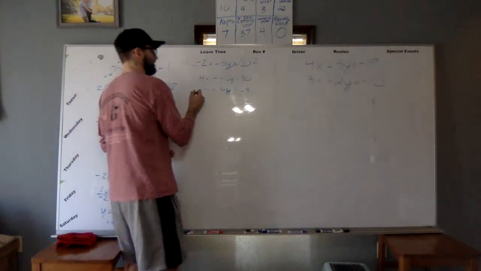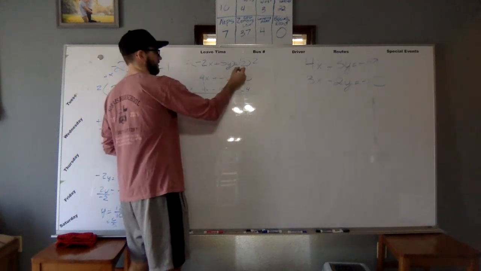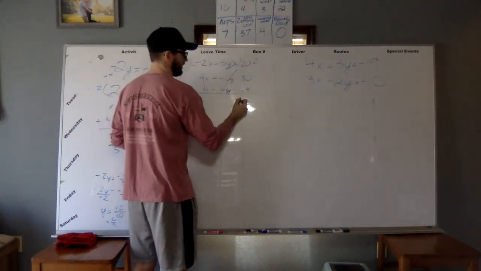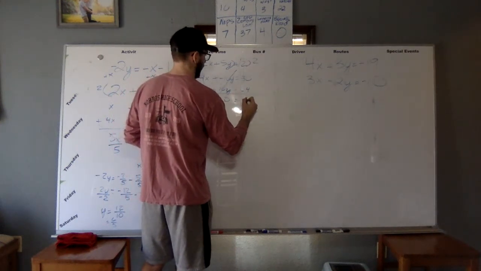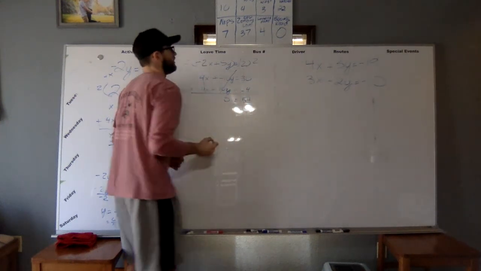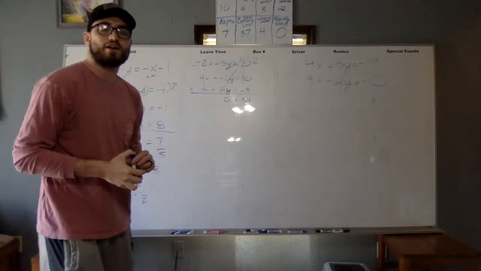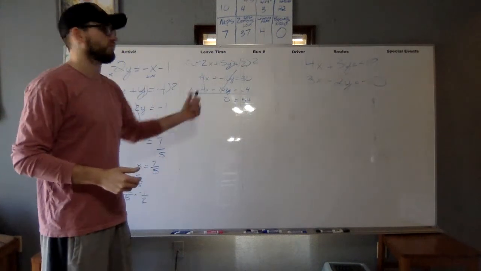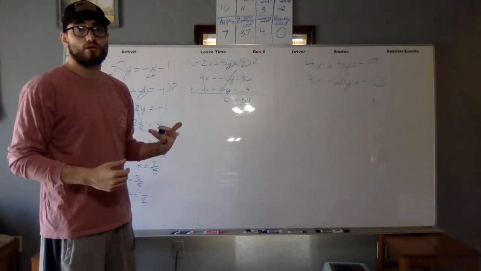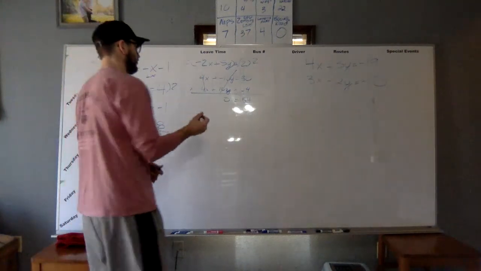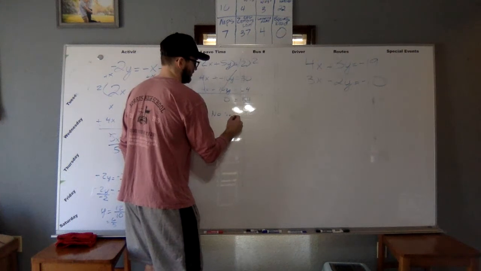Now when we go to add, negative positive cancels, negative positive cancels, and so I end up with a 0 on the left and a 54 on the right. So now with no variables left, I need to decide what do I call this? So 0 equals 54, you'd look at that and say, okay, that's not true. Therefore, we have to say that this is a no solution problem. Okay, no solution.